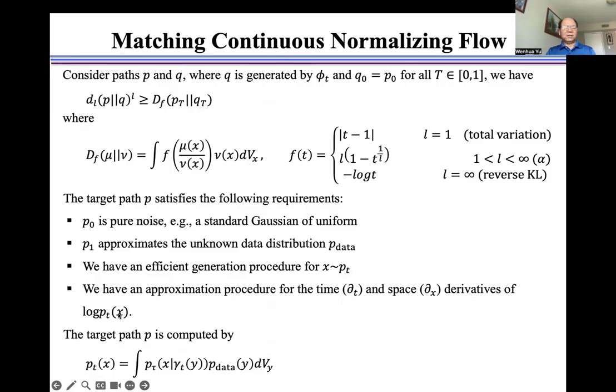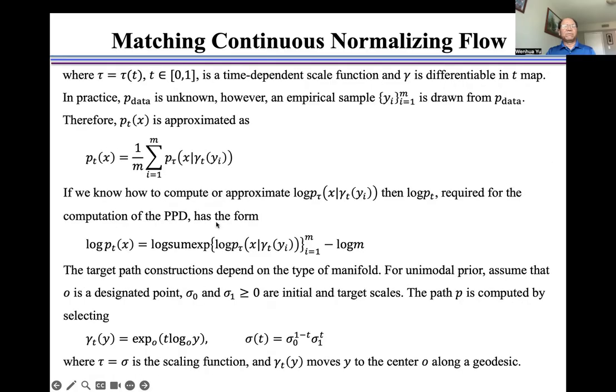derivative of log P_t. The target P is computed by using this formulation, where tau is a time-dependent scale function and gamma is differentiable in t. In practice, P data is unknown.